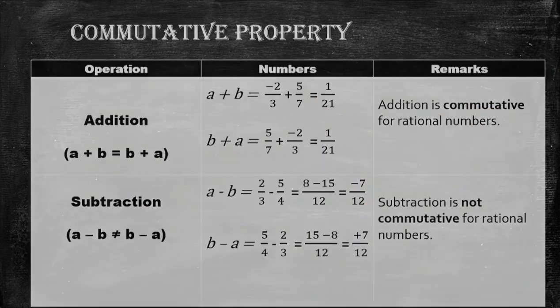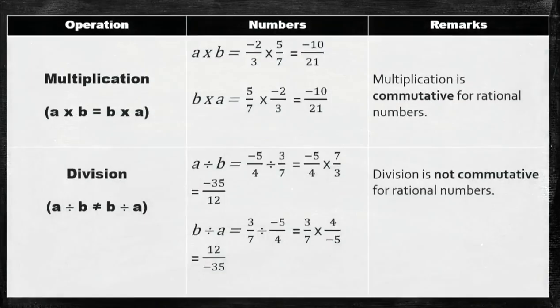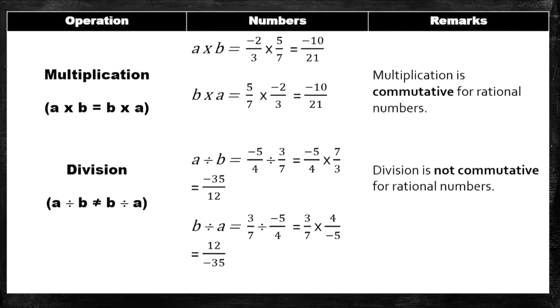Okay. Let's see the other two operations. Multiplication, I told you a into b is equal to b into a. When you multiply a into b and consider any two values for a and b, see minus 10 by 21. For b into a, write RHS, minus 10 by 21 again. Since LHS is equal to RHS, we can say multiplication is commutative for rational numbers.